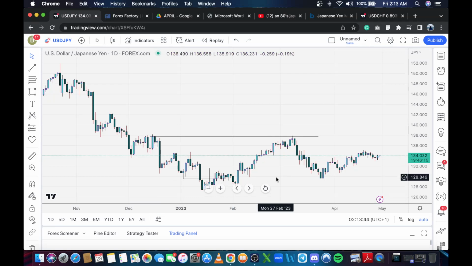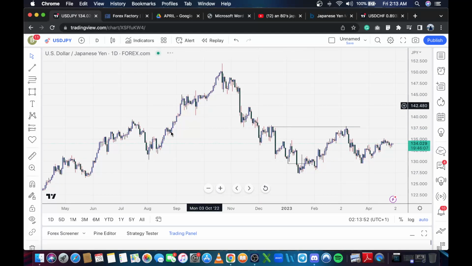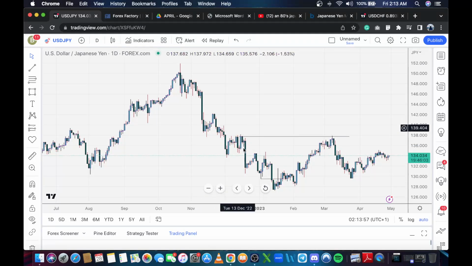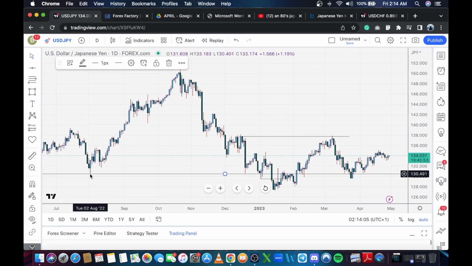Now what I'm gonna do is I'm gonna go all the way back, and you can see we had a parent price swing from this low all the way up to the high. So when I say parent price swing, I mean a pre-existing price swing prior to price trading out of that. So prior to the run out of this price swing, this was the highest high in that price swing, the lowest low in the price swing. So we're gonna define the range of our parent price swing.